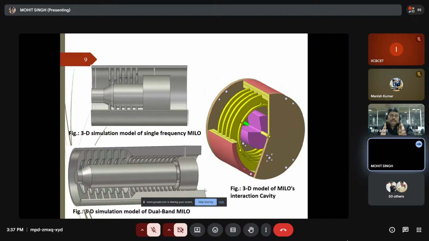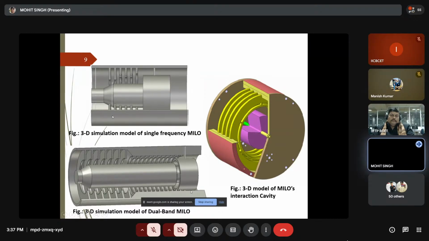And I have kept a few models of this magnetically insulated line oscillator. I have shown you the schematic earlier in the previous slide. Now this is the 3D simulation model. Both are cylindrical structures.